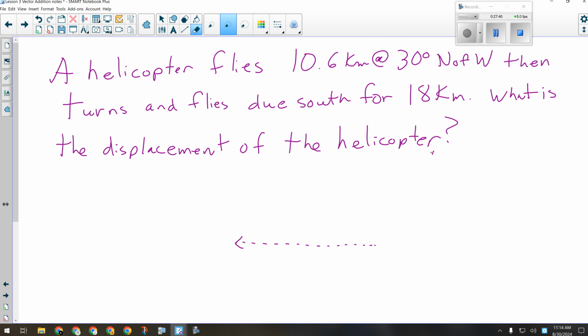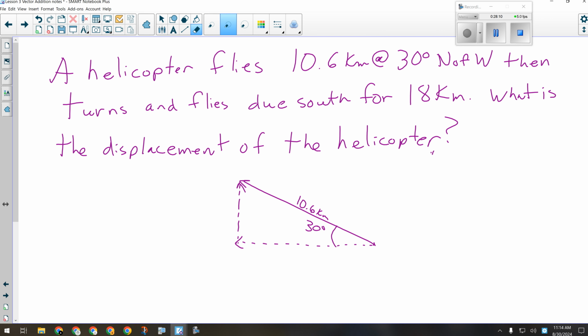And I'm going to go about 30 degrees north of that and draw my actual vector. Okay, that's going to be 10.6 kilometers in length, 30 degrees north of west. Okay, now if I follow that vector, I go both west, or horizontally, and north, or vertically. Would you agree?